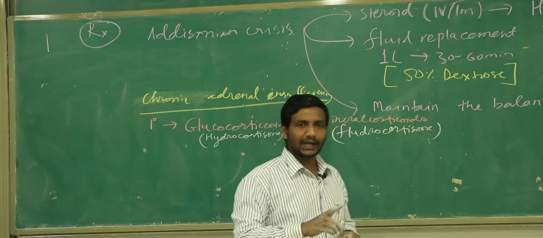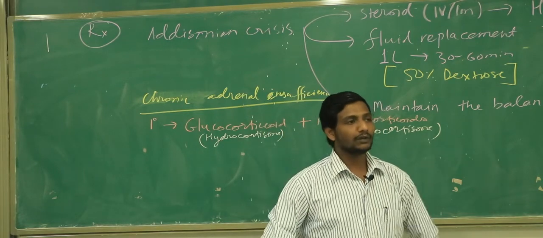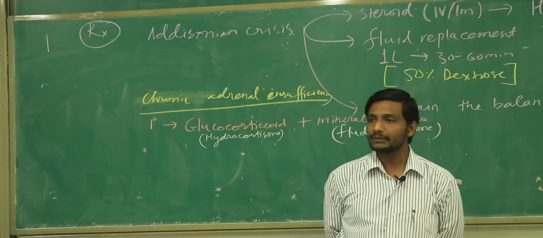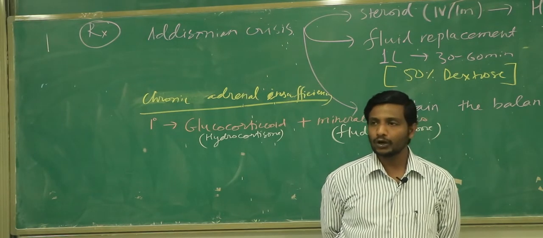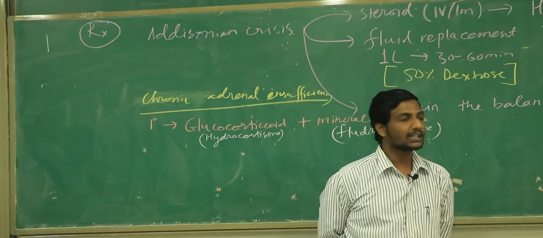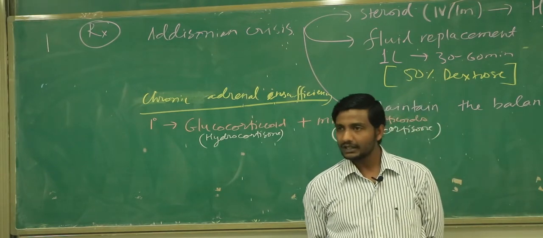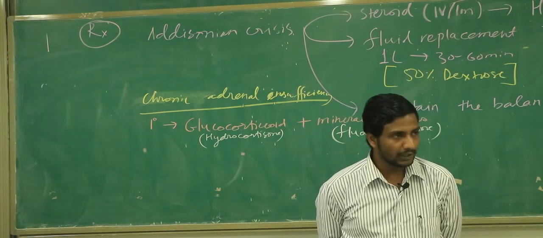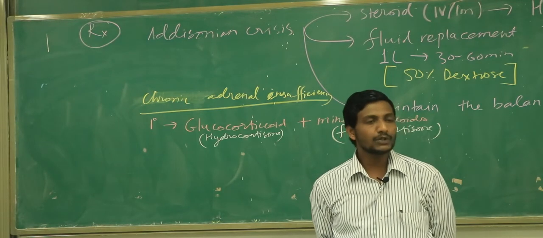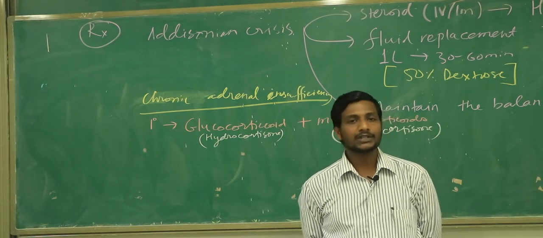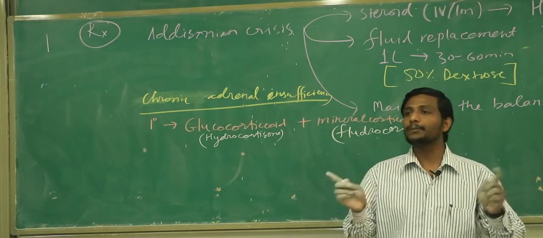By the way, I think I forgot to mention one very, very important thing in the signs and symptoms of Addison disease. Go back, have I mentioned the low BP over there or not? You tell me, in case of Addison disease, when it is primary disease and there is less sodium in the body, will there be more fluid or less fluid? Less fluid, so the patient will get dehydration, and the patient is also going to have postural hypotension.